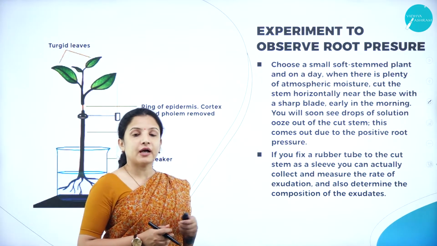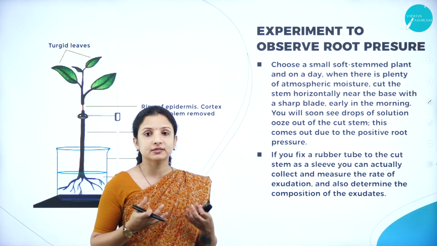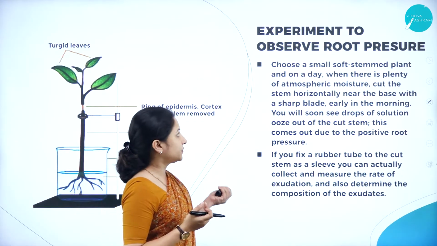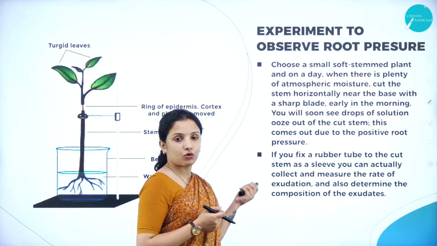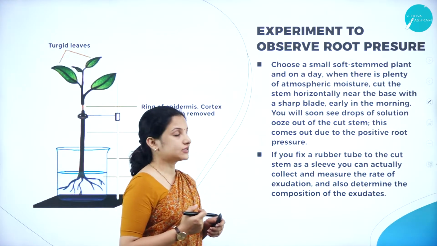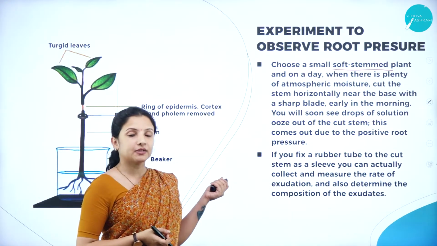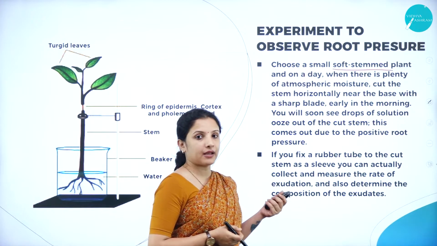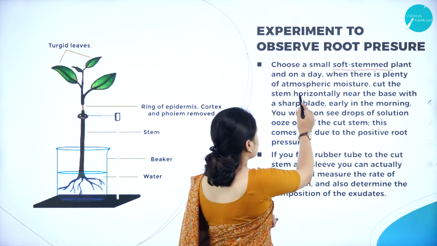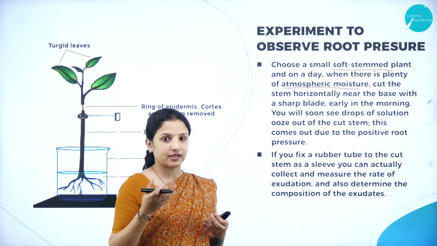So apart from that, I told you the water moves through the root, right? So how is it? In order to know that, there is a particular experiment. So what the scientist did was, he took a soft stem plant and then he kept it somewhere where there was enough atmospheric moisture or enough water in the moisture so that the plants can absorb.